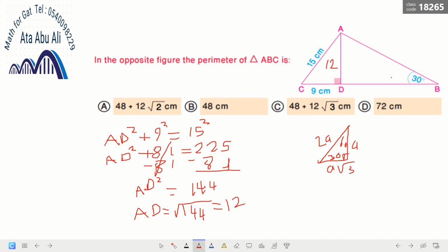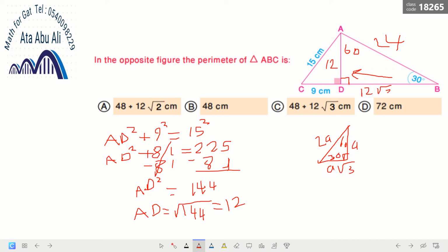So the opposite is 12, which means the hypotenuse is double, 24. And this is 30, and this is a right triangle also, so this becomes 60. So the opposite of 60 is 12 times square root of 3.